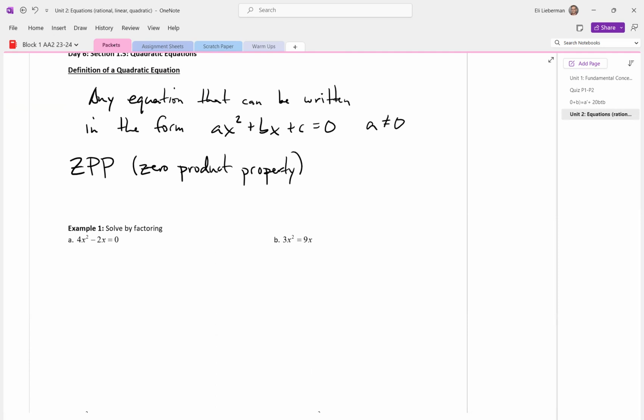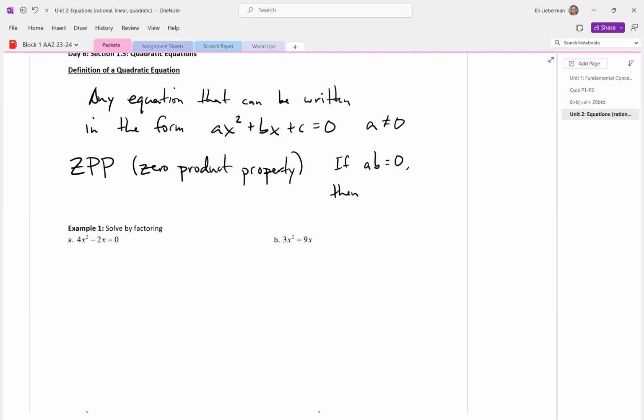Has anyone heard of this? ZPP? Zero product property? If you haven't heard of it, that's okay. You know it. I'm sure you know it. It says that if A times B equals 0, then either A equals 0 or B equals 0.